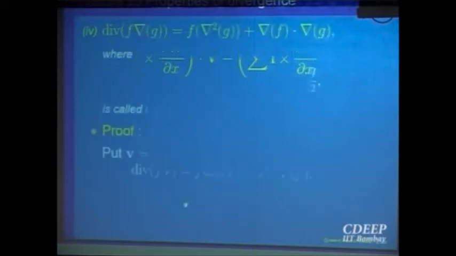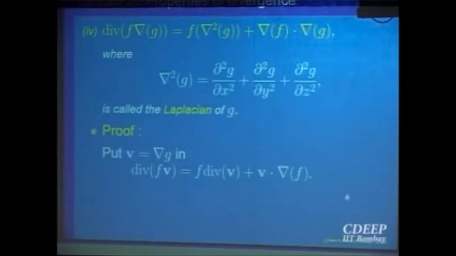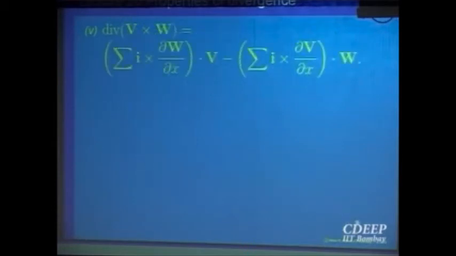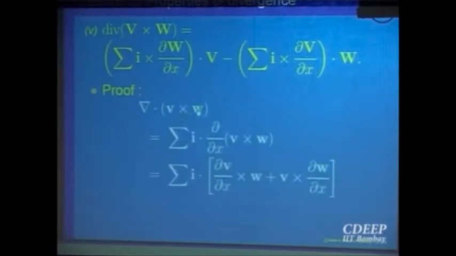So let us try to prove this formula. We'll do it symbolically. Divergence of v cross w, once again we'll write it as del dot v cross w. The symbolic representation of this is the summation of i dot the partial derivative with respect to x of v cross w.